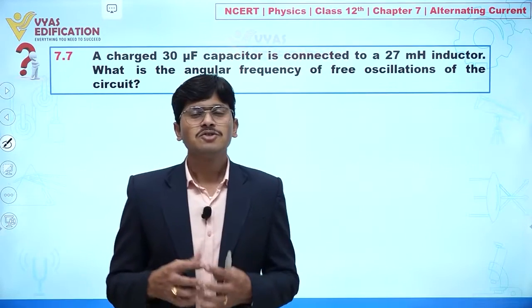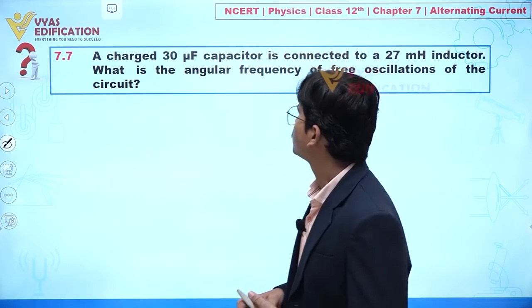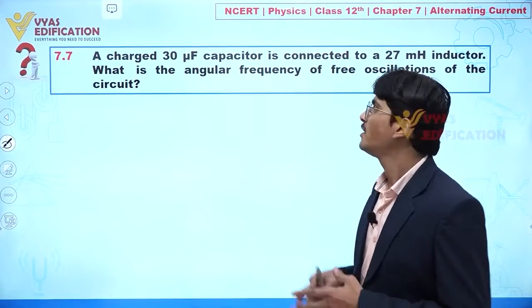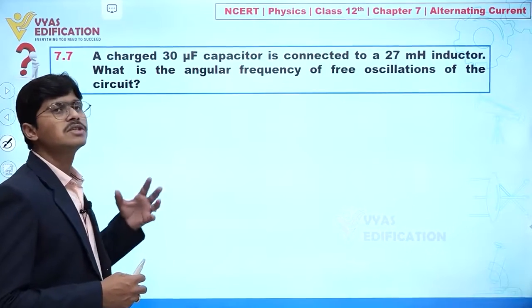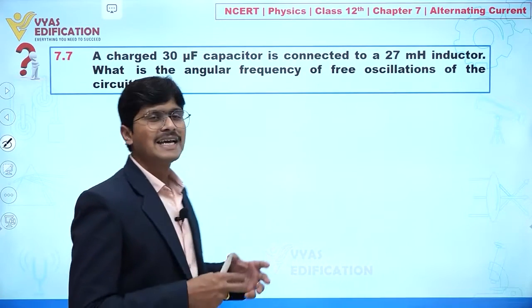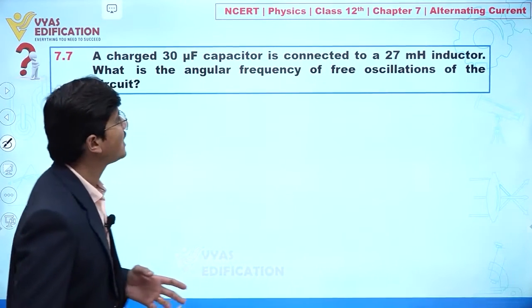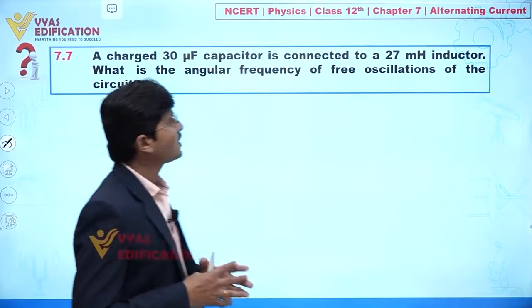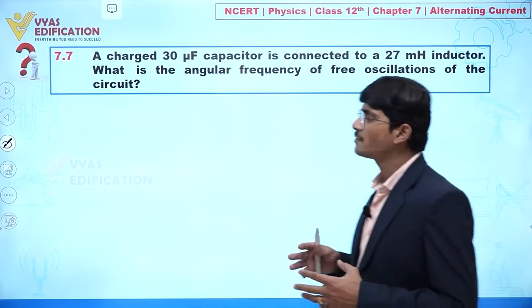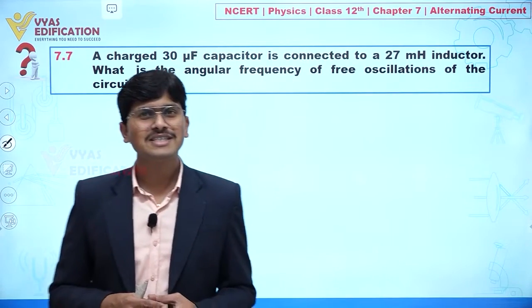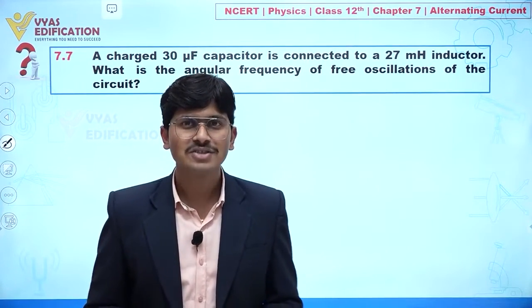Clear? Now students, we are going to discuss question number 7.7, and in this question it is given to you that a charged 30 microfarad capacitor is connected to a 27 millihenry inductor. Find the angular frequency of free oscillations of the circuit. Clear? So my dear students, this is a question related to LC oscillations.